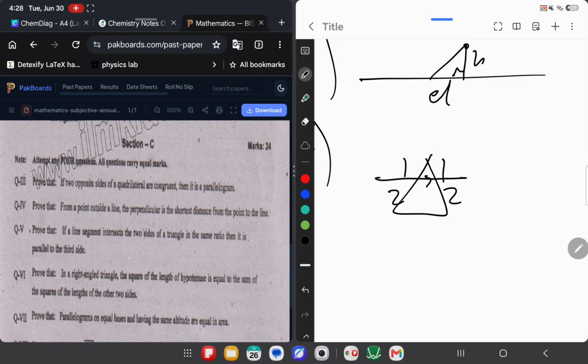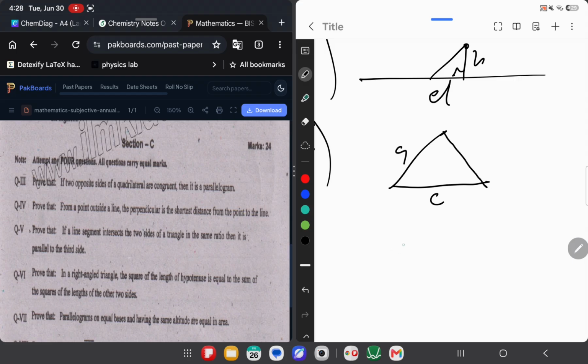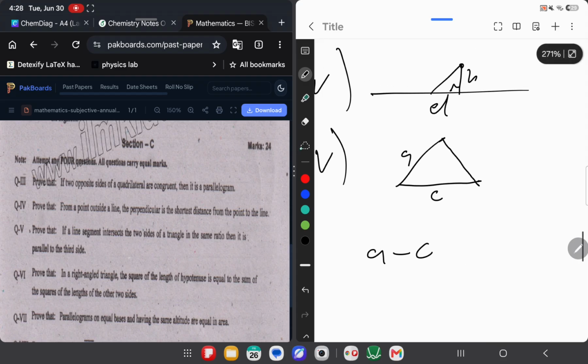So, assumption, let's get a vector graph going. Let's call this A and let's call this C. Okay, if we go from C backwards and into A, this is this side over here, A minus C. Now, A minus C is this line segment over here.